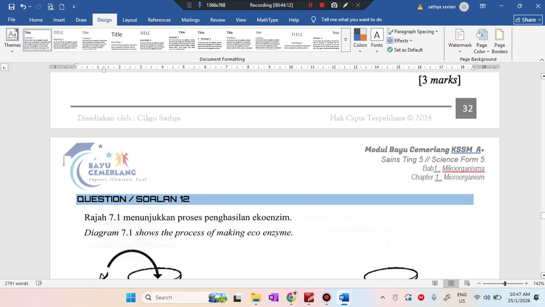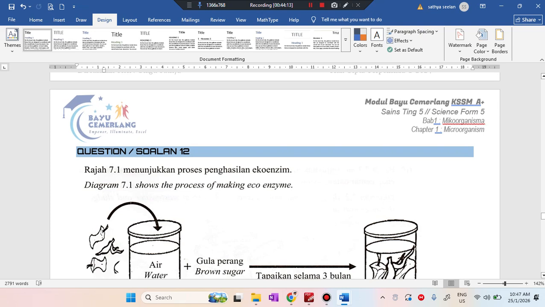Okay, next one. Another ecoenzyme making process. So now you know how to make ecoenzyme already. You fill with water 2/3, then you add all your decomposing material, brown sugar and also the yeast, and then you leave for a few weeks. Then it will become an ecoenzyme solution.